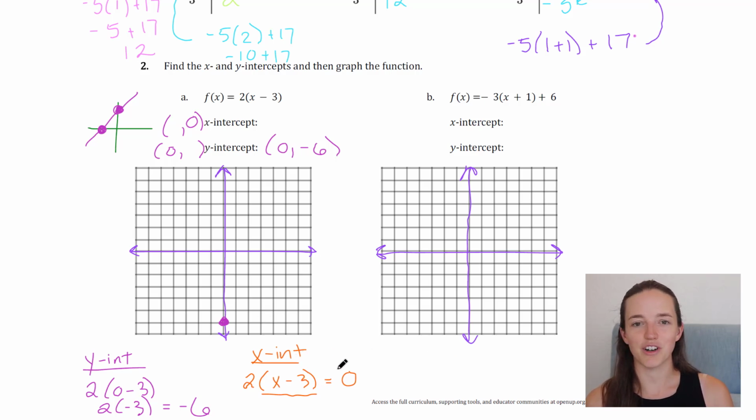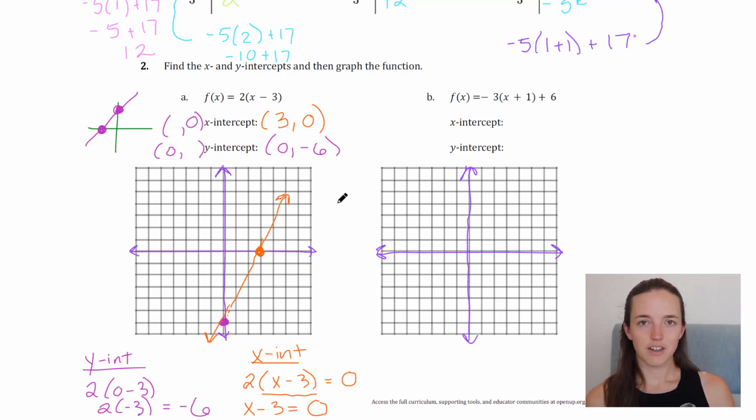That would give me 0 overall. So the x minus 3 has to be equal to 0. And in order for x minus 3 to equal 0, x has to be positive 3. So 1, 2, 3. My x-intercept is going to be at 3, 0. And then we do our best impression of a line. Could be worse.